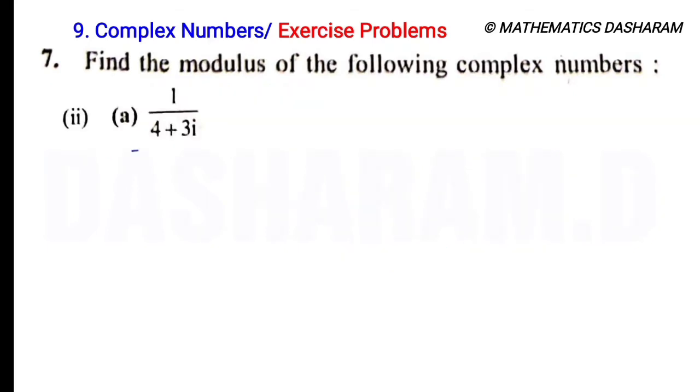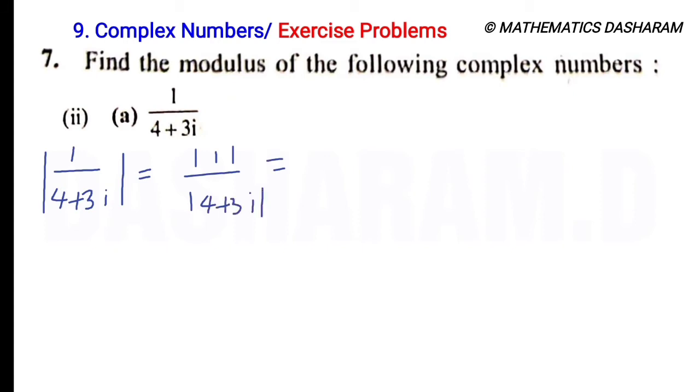Second bit, A problem, 1 divided by 4 plus 3i. Let's find out its modulus. Mod 1 by 4 plus 3i is equal to applying the mod for numerator and for denominator.